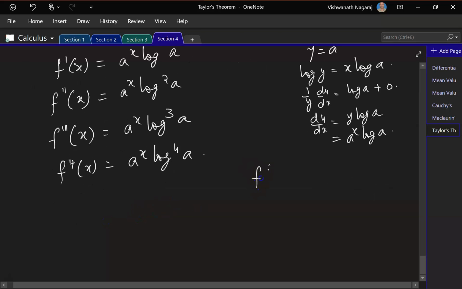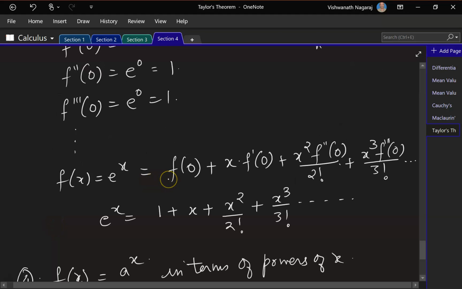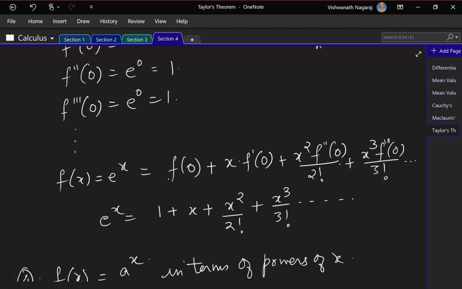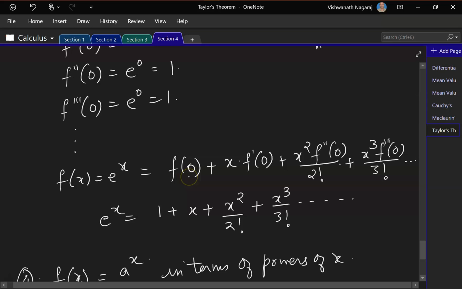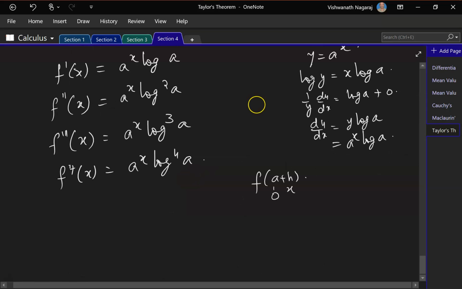Yes, so again f of a plus h, we want it in powers of x. So this is x, this will become 0. Remember in Taylor's theorem f of a plus h, if we take a as 0, then it is nothing but Maclaurin's theorem. So here also it is Maclaurin's theorem.